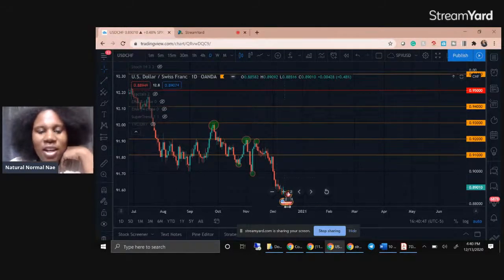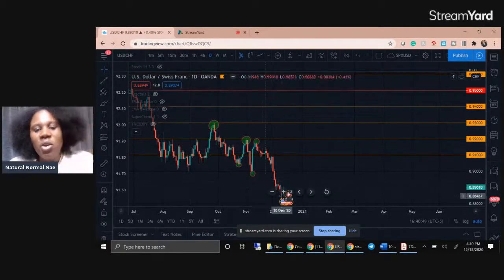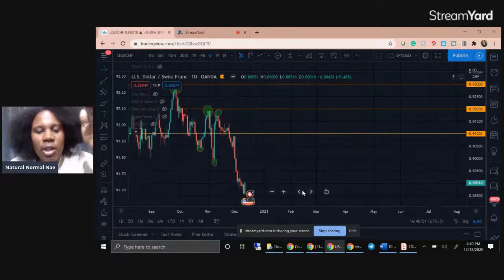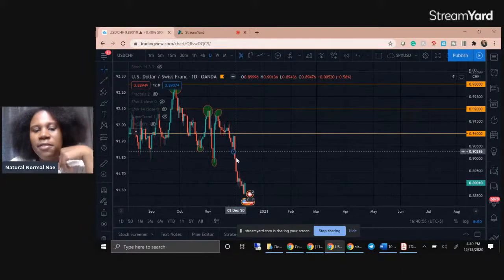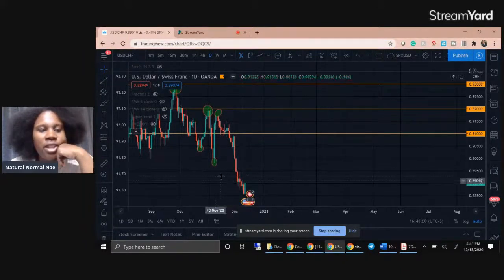Okay. All right. So right now it seems like it's kind of losing momentum, but I feel like before it continues to go down, it's got some imbalance to fill right here, right? Just don't know exactly how much imbalance. And then you also will be looking at your candlestick patterns as well.